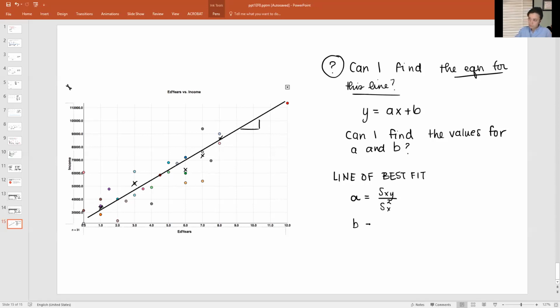And B is equal to Y bar minus A times X bar. This is called the slope, and this is called the y-intercept. So the line of best fit is the line whose equation is y is equal to ax plus b with these definitions of a and b.